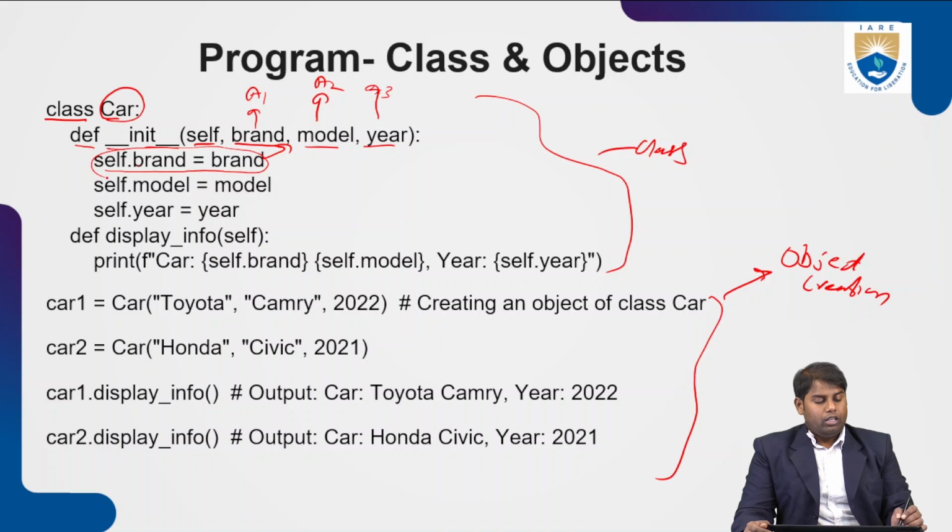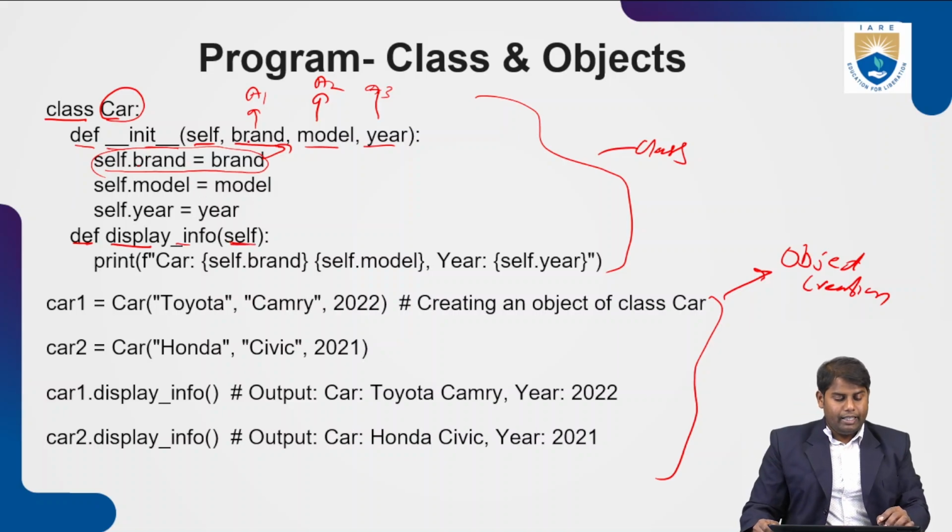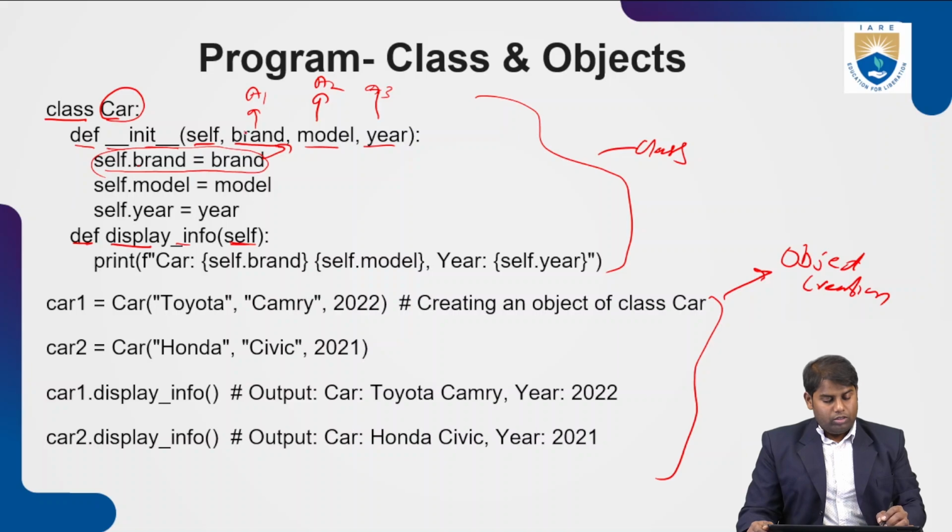Here we are using only one method, which is display_info(self). Using this keyword self, it will pass the attributes to this constructor, where you have brand, model, and year.